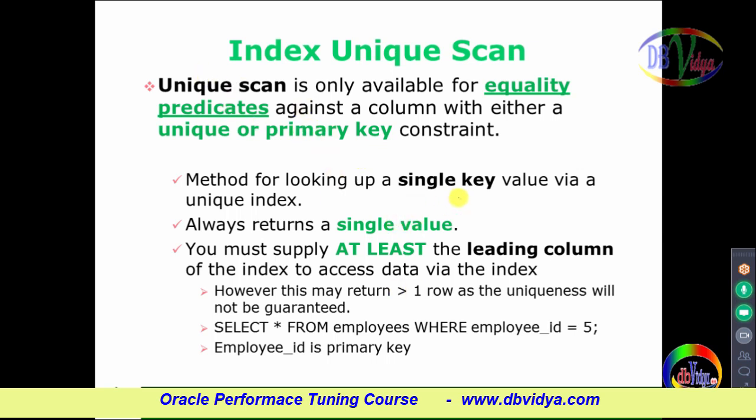It is the method for looking up a single key, because for one particular value only one value will be retrieved. So it always returns a single value, because it is applied only on unique and primary key columns. Like employee ID 5, you will get only one record from the employees table, and employee ID is a primary key. So it will use index unique scan.